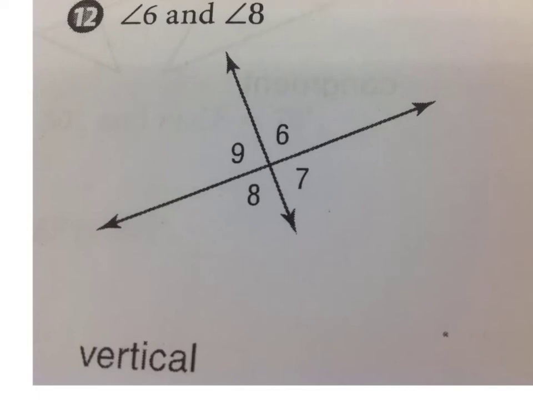The next term we're going to work on is the term vertical angle. And vertical angles are across from each other. So 6 and 8 are considered vertical angles to each other, and 9 and 7 are considered vertical angles to each other. Now the important thing about vertical angles is that they are congruent to each other.